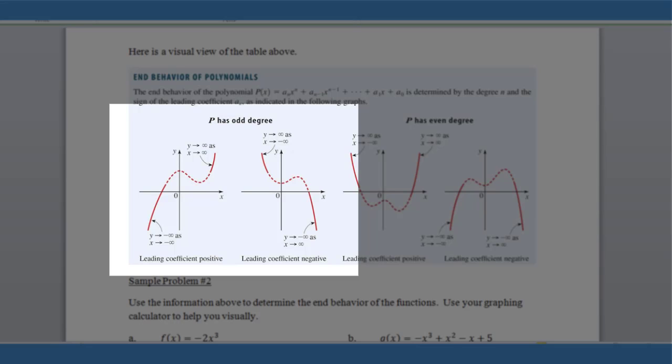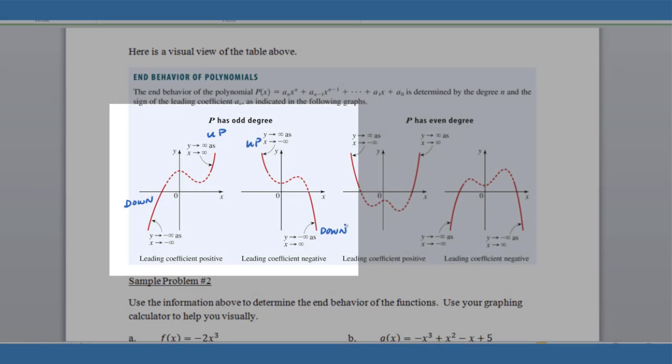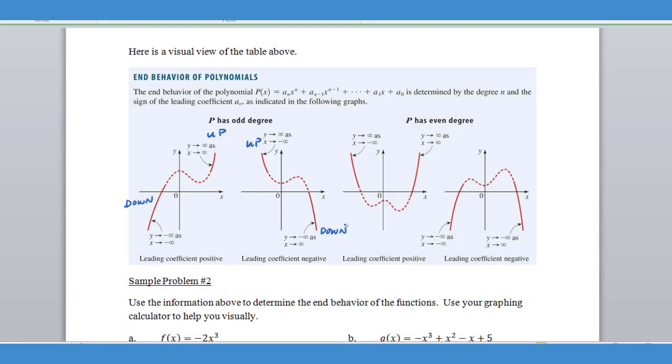If the leading coefficient is positive, it's going down on this side and up on this side. If the leading coefficient is negative, it goes up to that side and down to this side. And so these are general trends or patterns that you're going to want to identify with an odd degree and a positive or negative leading coefficient.